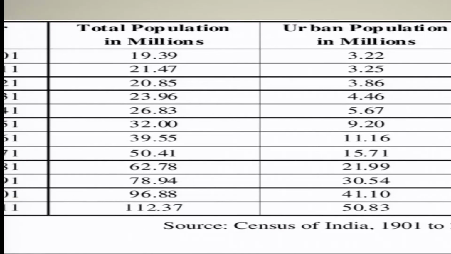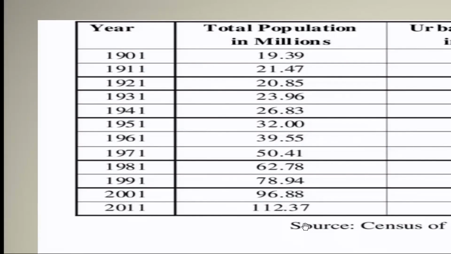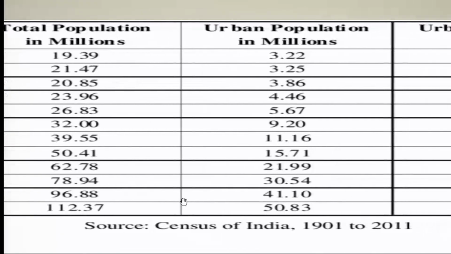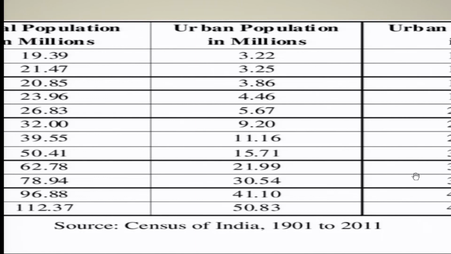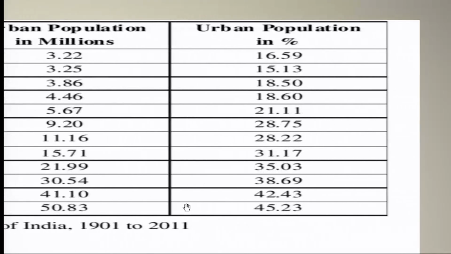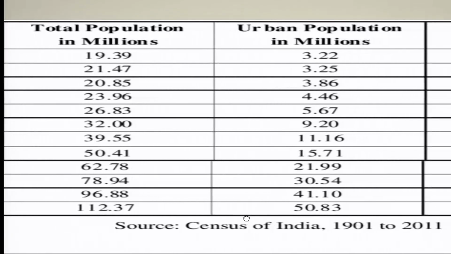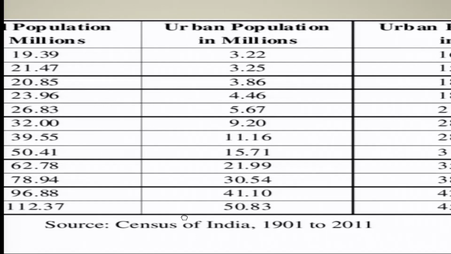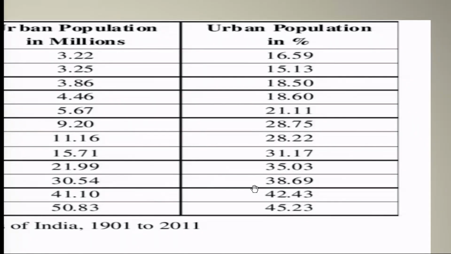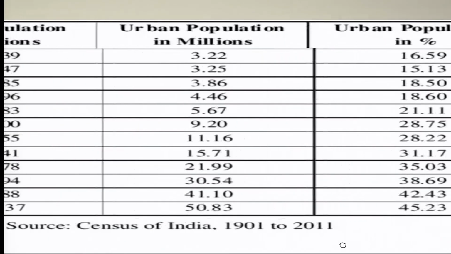Coming to the year 1911, the total population is 21.47 and the urban population in million is 3.25. Then it is 15.13. The increase has come to 15.13. In the year 1921, it is 20.85. Urban population is 3.86. There is an increase of 18.5%.